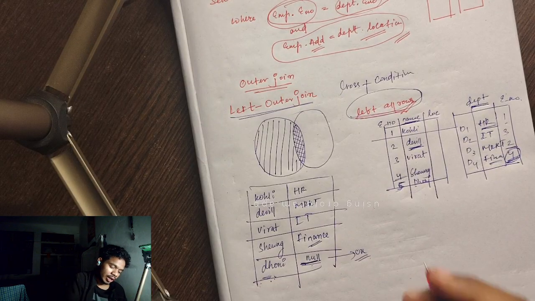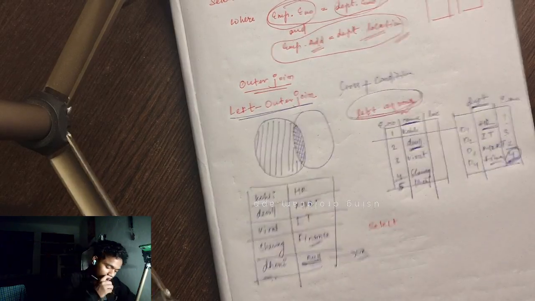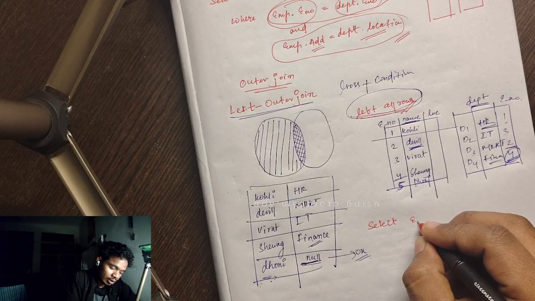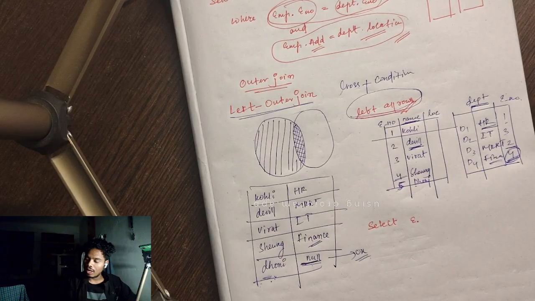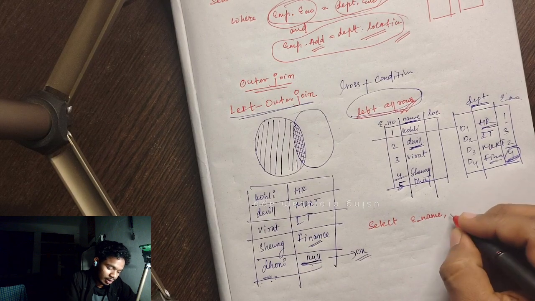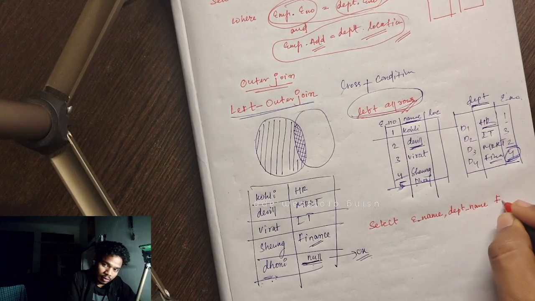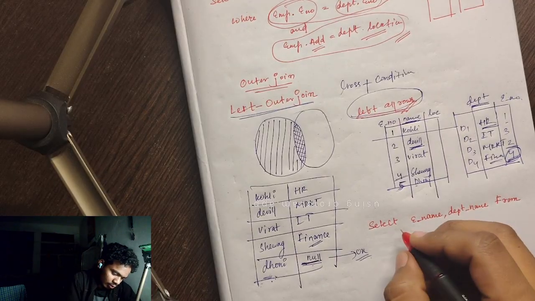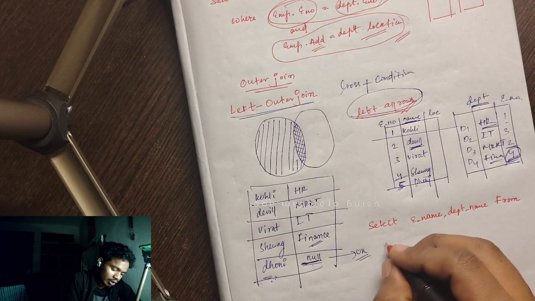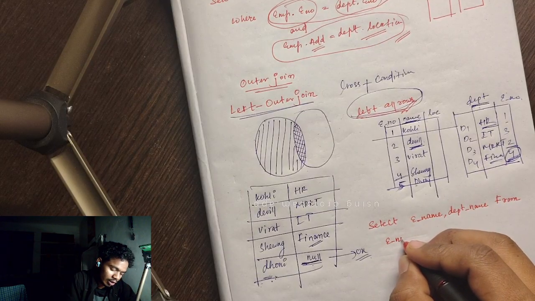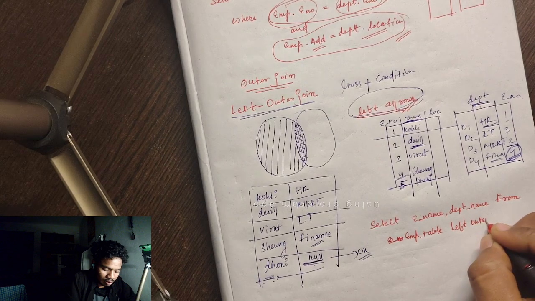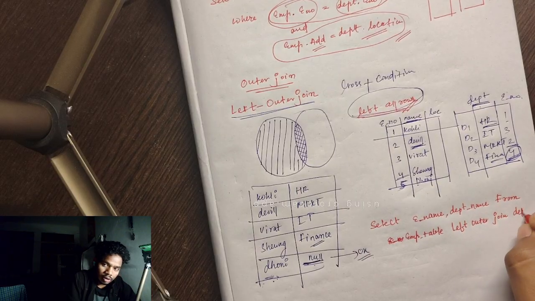So we have to write the query like this: select employee name and department name from the employee table left outer join with the department table.